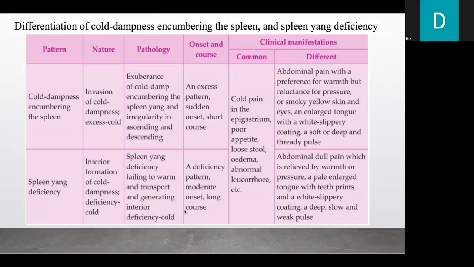Common clinical manifestations would be cold pain in the epigastrium, poor appetite, loose stool, edema, abnormal leukorrhea, and the different clinical manifestations would be abdominal dull pain, which is relieved by warmth or pressure, a pale enlarged tongue with teeth prints and a white slippery coating. The pulse would be deep, slow, and weak.